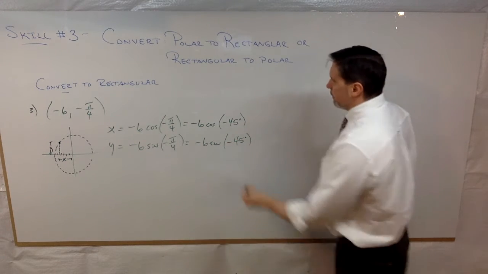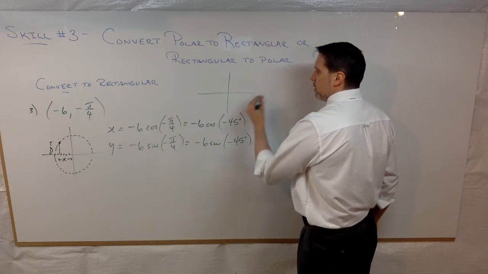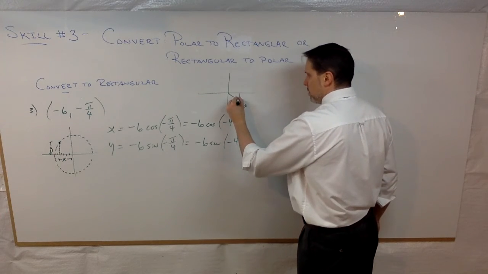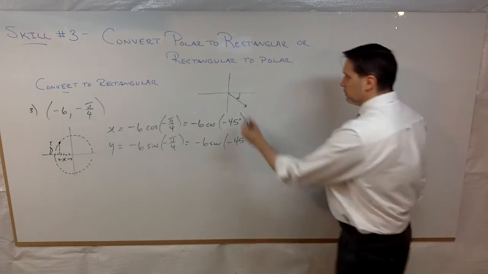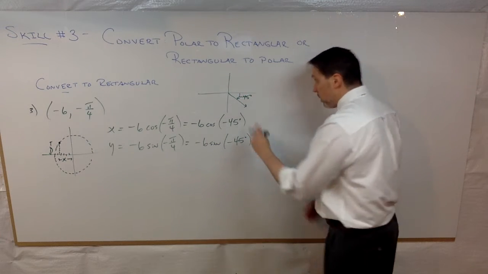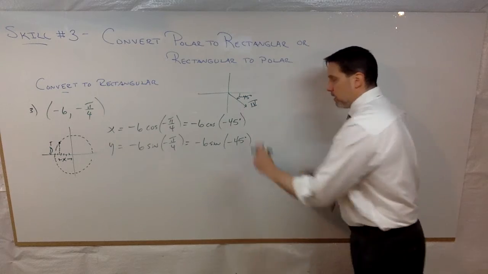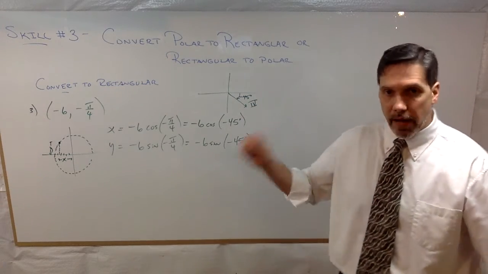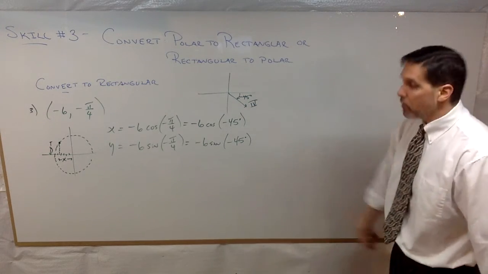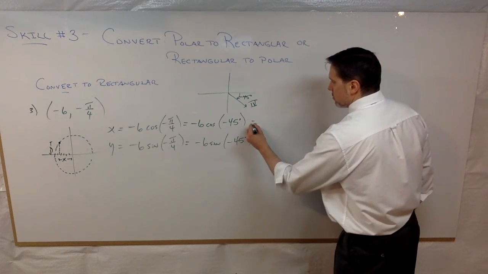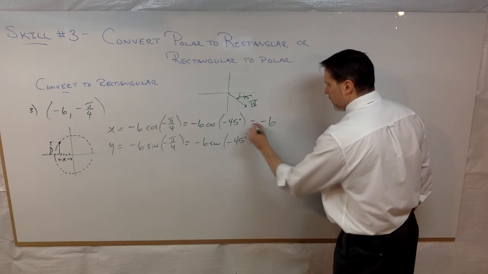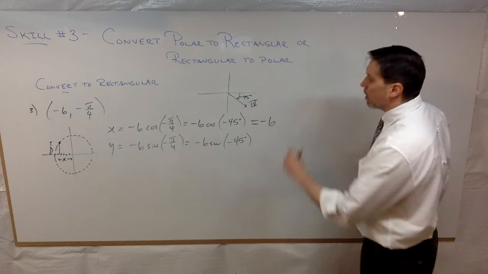All right, -45 degrees, it's not going to tax our brains too much. That's a -45 degree angle. It has a reference of +45, but you are in quadrant 4. Again, two bits of information you've got to know: not just the reference angle, but what quadrant you're located in. So this is -6, starting off with the r.